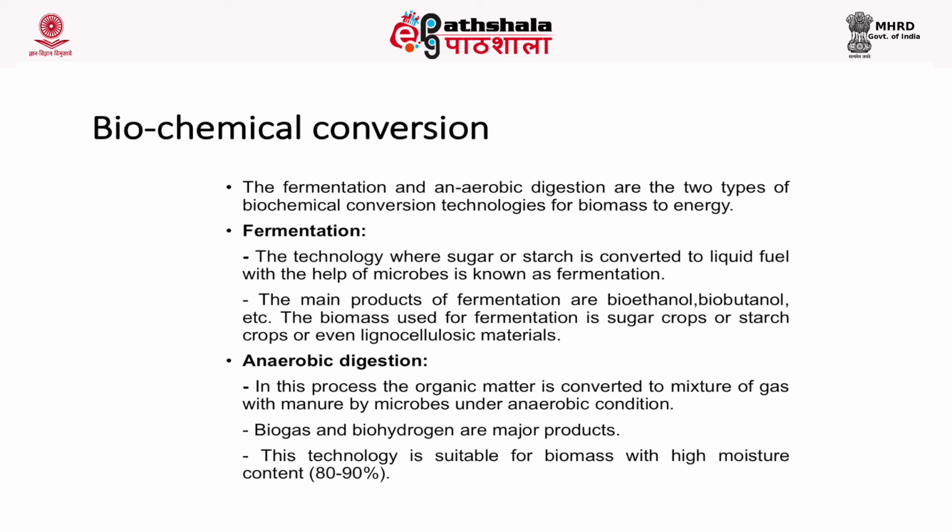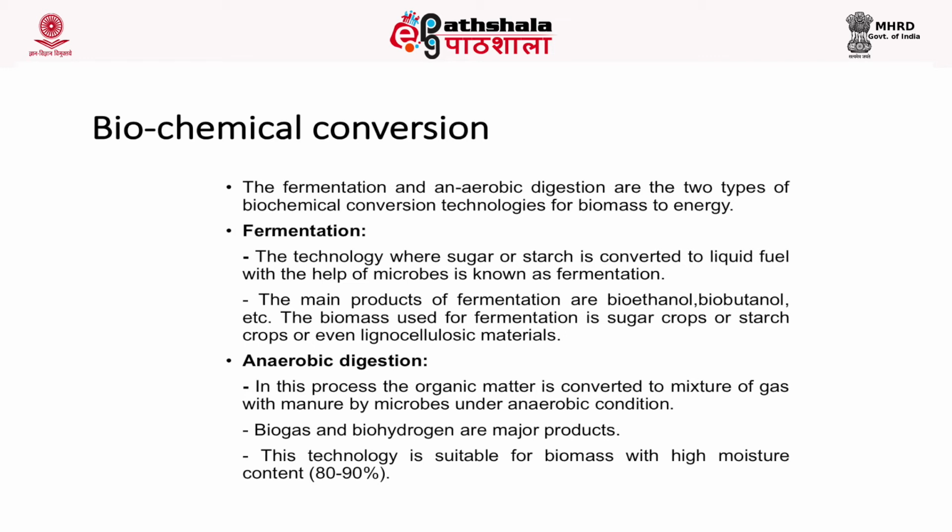Anaerobic digestion. In this process, the organic matter is converted to a mixture of gases with manure as the byproduct. So we are getting the energy and manure by this process, and this process occurs under anaerobic conditions with the help of microbes. The major products of this process are biogas and biohydrogen.